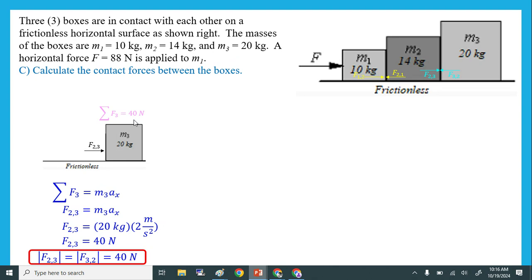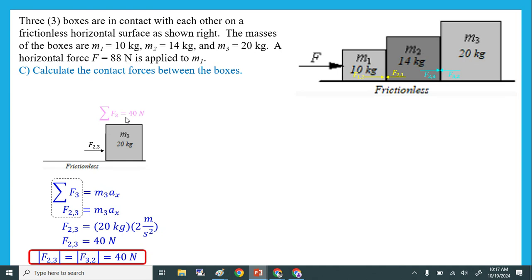However, I would not do all this work. I would simply look at it, okay? Here in my box that it's coming up, it says the net force acting on M3, but I know that M3 has only one force acting on it, which is F23. But we already know from our previous work that the net force on M3 is 40.